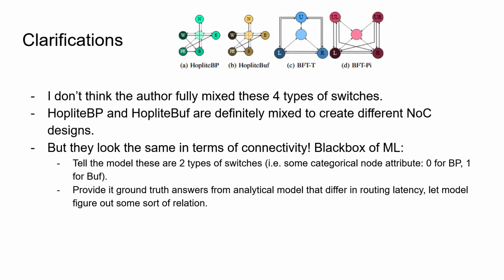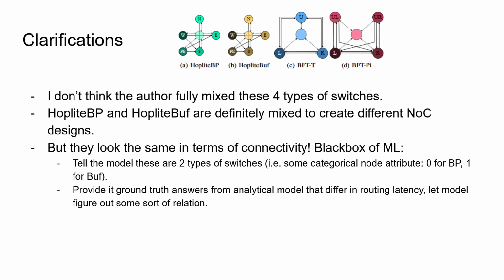So I want to point out something interesting here: between BP and Buff, they look exactly the same in terms of connectivity. In fact, they are the same. So the question is, how do you differentiate this? Well, with machine learning, it's a bit of a black box. All you do is tell the model that these are different switches, so you give it some sort of switch attribute.